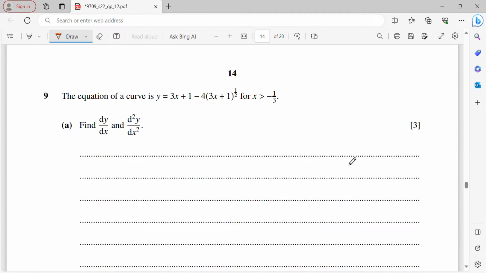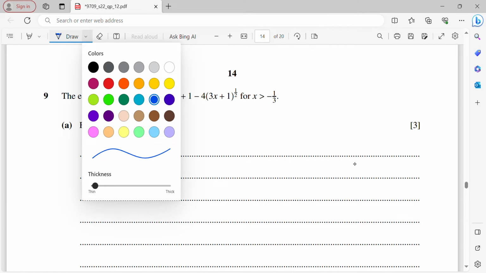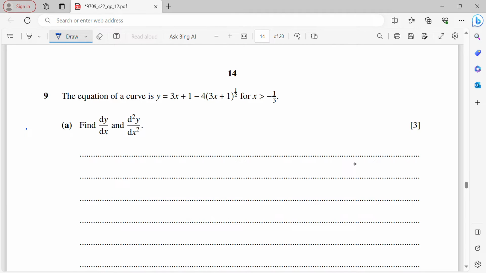Alright, so now for question number 9, given the y where the x greater than negative 1 over 3, find dy dx and d squared y over dx squared. So my y is 3x plus 1 minus 4 times 3x plus 1 to the power of half.